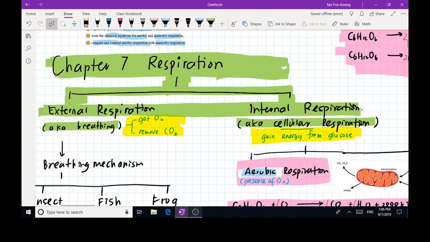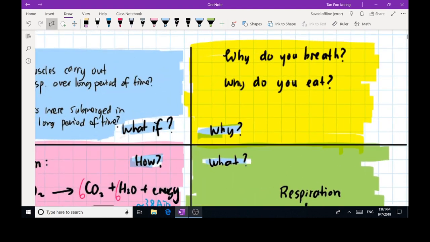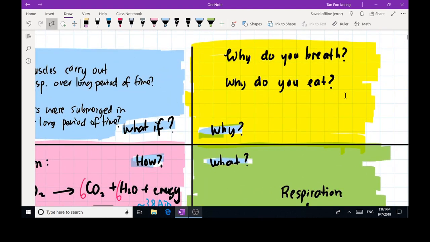Internal respiration, on the other hand, is known as cellular respiration. This is a respiration that occurs inside a cell. The reason is to oxidize the glucose using the oxygen that we have gained from external respiration to produce the energy needed by the body cells. Alright, so this explains why we breathe and why we eat.